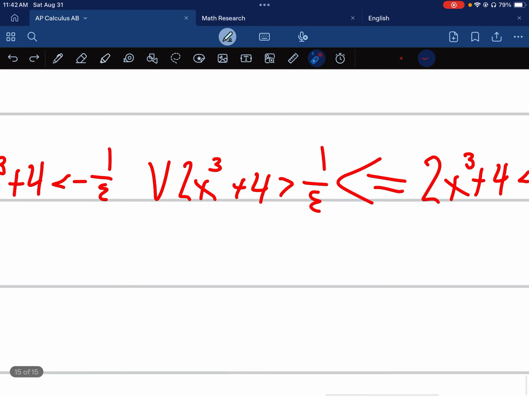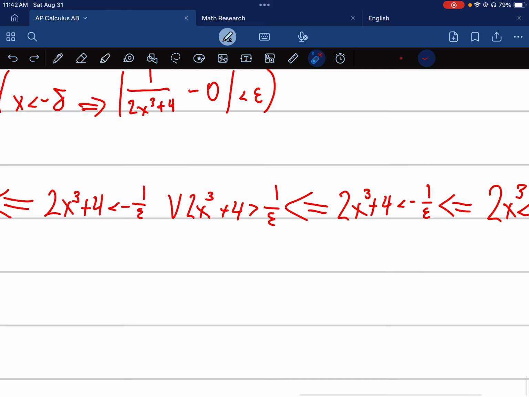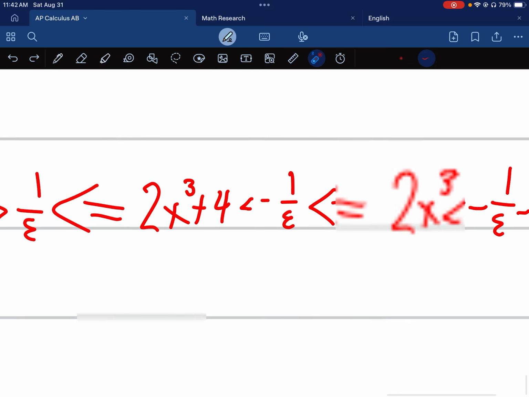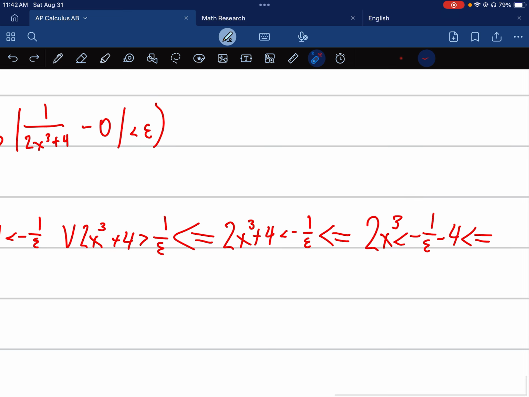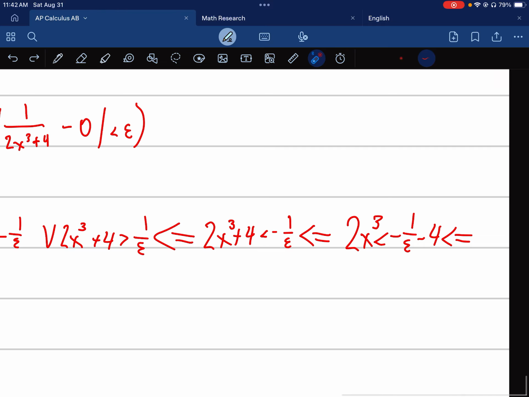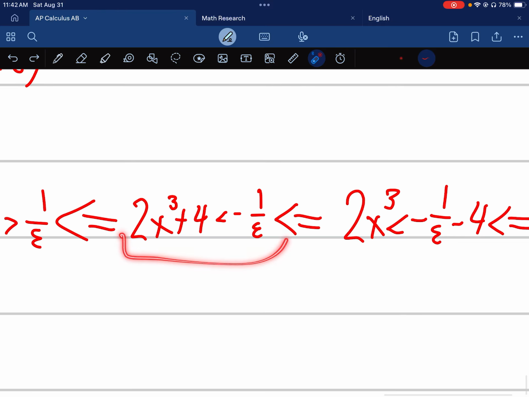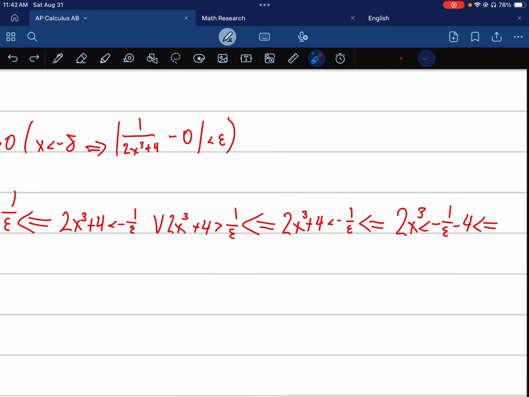But just to check, minus infinity here and greater than 1 over epsilon, this is not true. So we're going to pick our first one, right? We only want to pick true statements, because if we pick a false statement here and work off of that, at the end, we're not going to get our answer. So this is true. We're going to assume this, and that implies the disjunct.